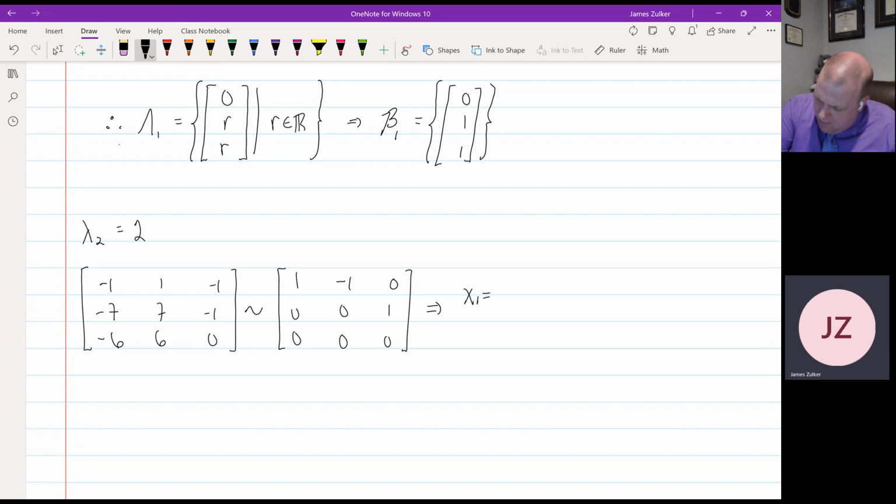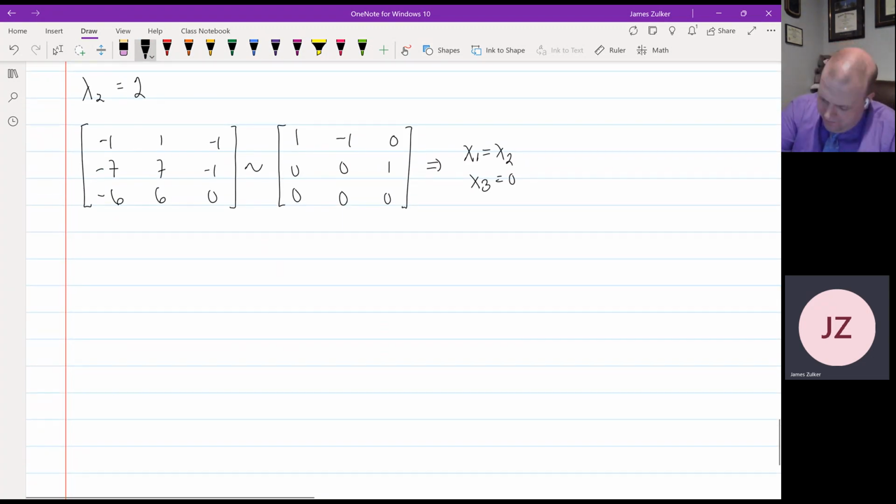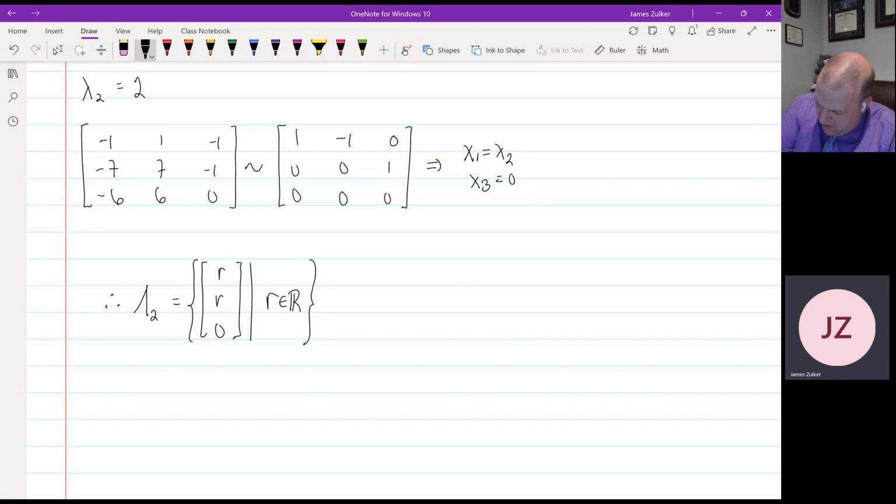This gives x1 equal to x2, and x3 has to be 0. So our eigenspace is the set of all vectors r, r, 0 for every real number r. And so a basis would be the set of the vector 1, 1, 0.